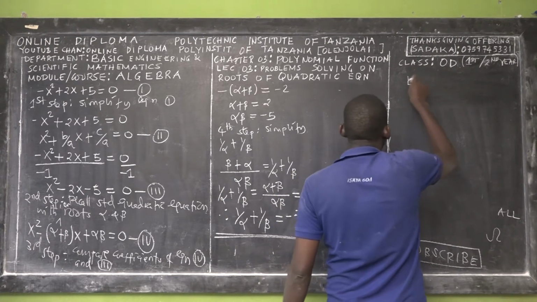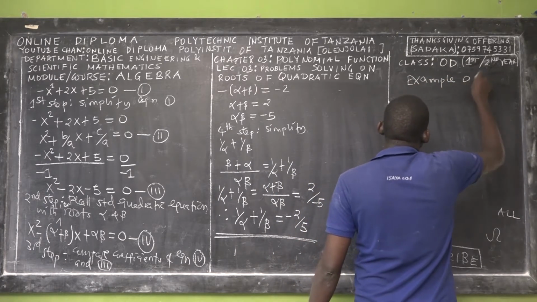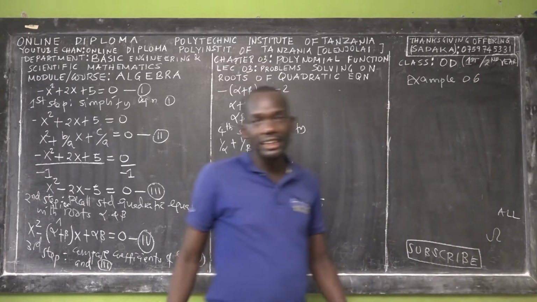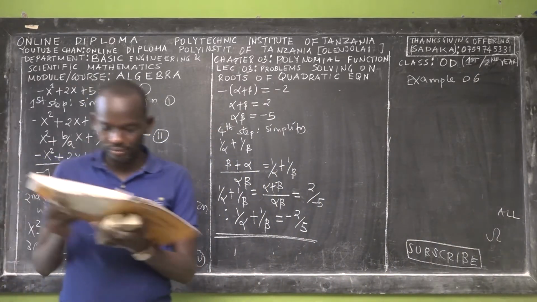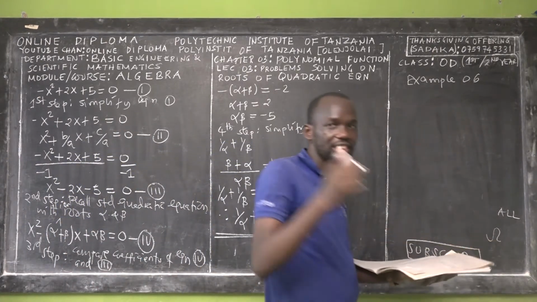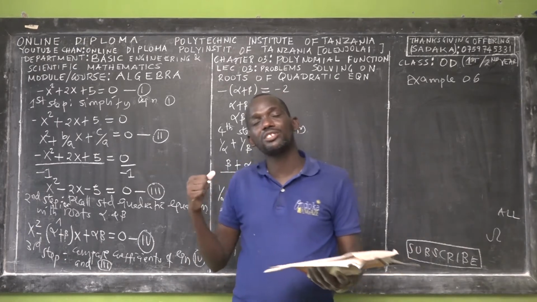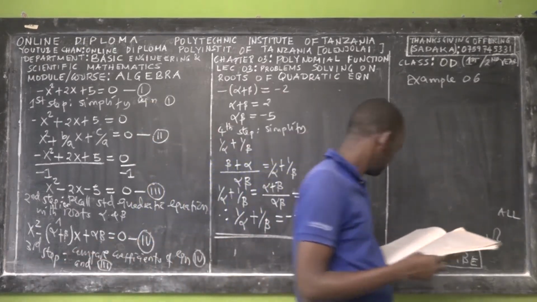So now, ladies and gentlemen, let me help you to solve example 6 of polynomial functions. In case you have any question, please interact with me and with other students worldwide in the comment section of this video.